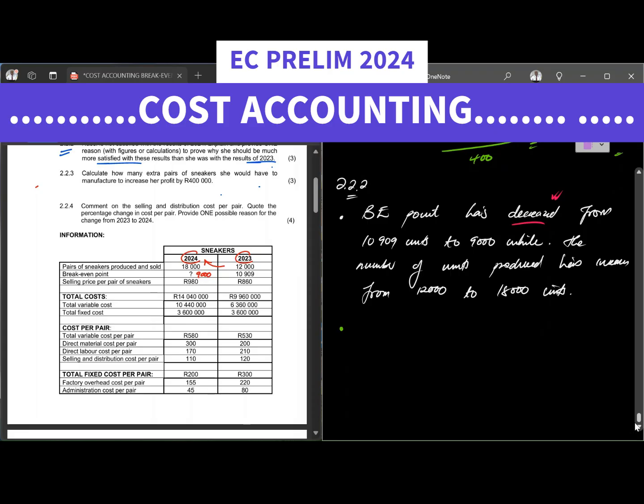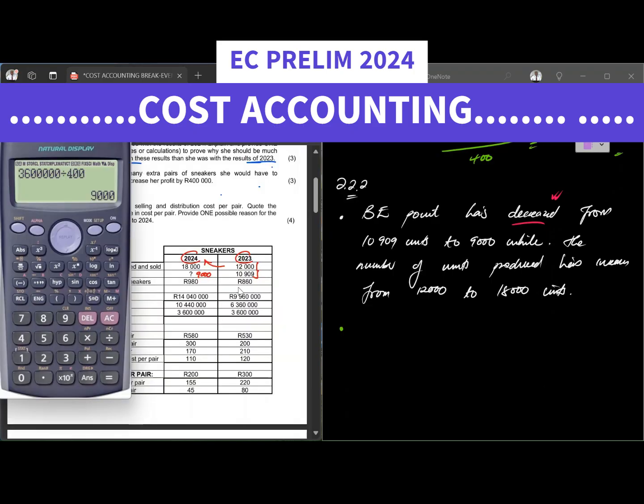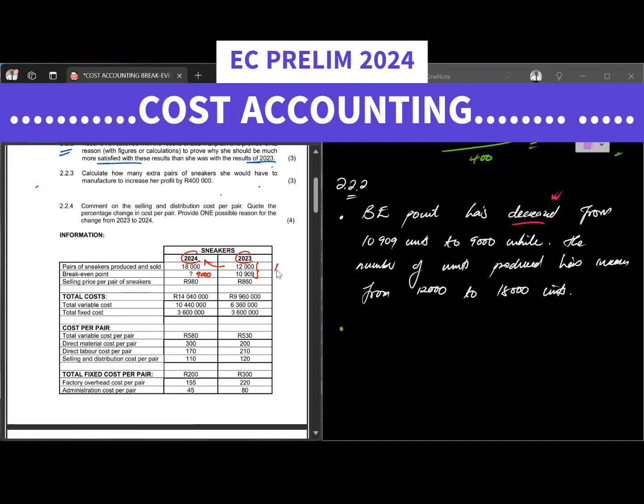Okay, so if you come here, you will see that when you're calculating profit in 2023, if you get the difference here between 12,000 and 10,909 units, so you say your 12,000 minus your 10,909, that will give you 1,091.